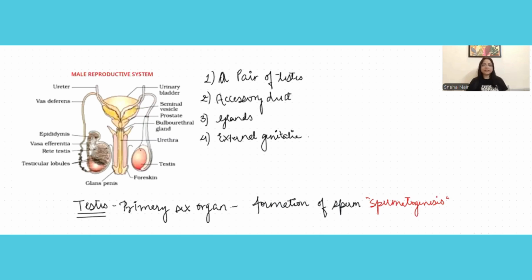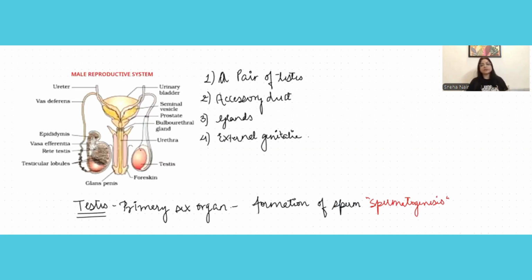Now, where are these testes present? The entire male reproductive system is present in the pelvis region. What is pelvis region? It is the lower abdominal region. But the testes descend down and are present in a pouch-like structure called scrotum, which is hanging downwards from the lower abdominal cavity.